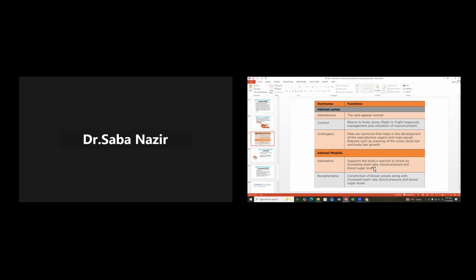Adrenaline gets mixed with the blood and is distributed to the different target organs. Number one, it reaches the heart. Think logically why the heart rate has to be higher when we are under stress. Because I need more energy, and to get more energy I need more glucose and more oxygen. The glucose storage center in our body is the liver, and the oxygen will come from active breathing.